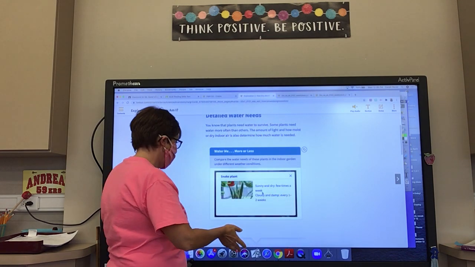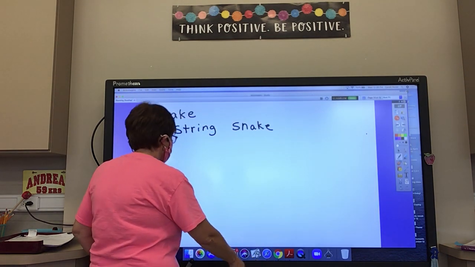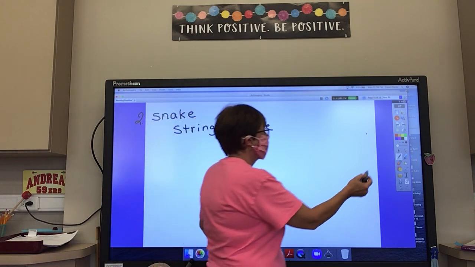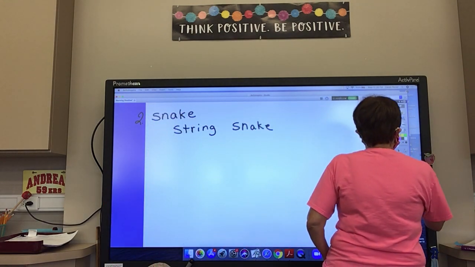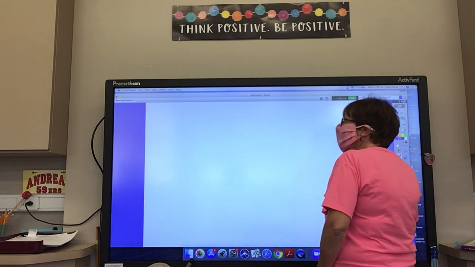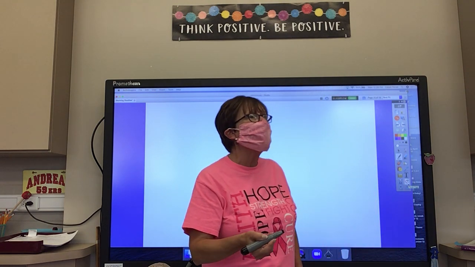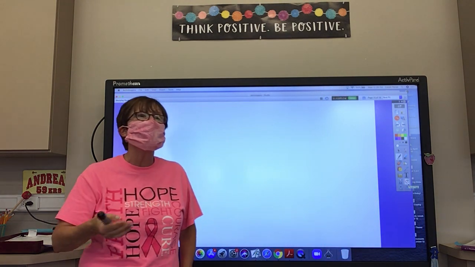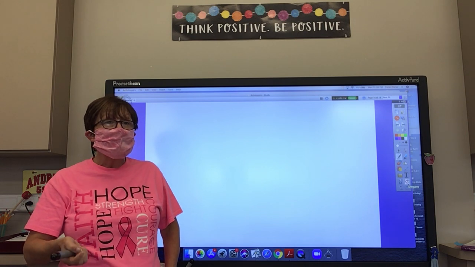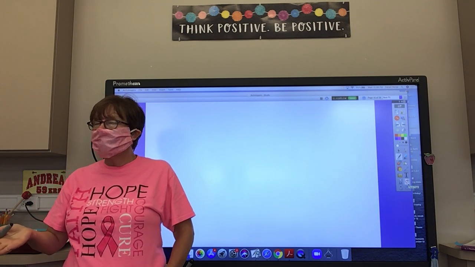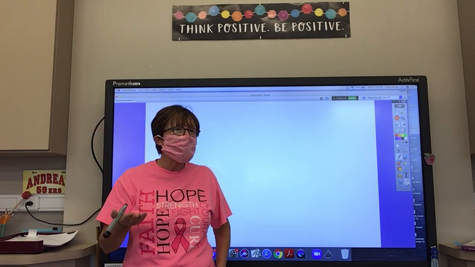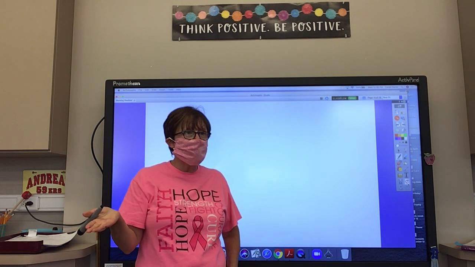Ivy? Well, I think how that helped us is since we're doing a project, it will help us know how much water the plant's going to need. Yes. And it gave us more details, right? It's more complicated than we thought, isn't it? Because we had more details about it. When we're thinking about plants, are we thinking that they all need different amounts of water?